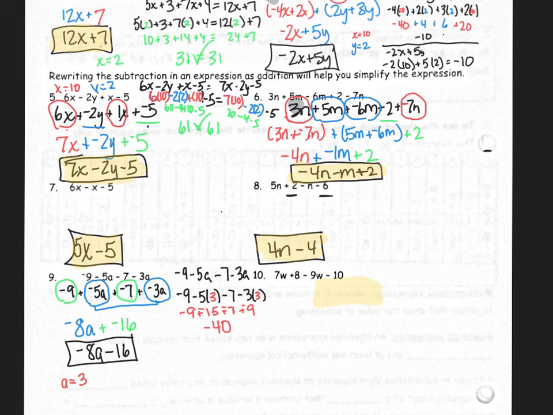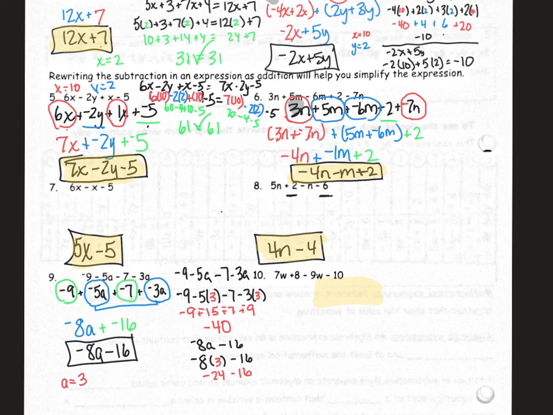Let's see how much easier it is in the simplified version. Remember, I should be using the same value for a and get the same answer. So negative 8 times a minus 16. I'm going to use 3 for a. So negative 8 times 3 is negative 24, minus 16.